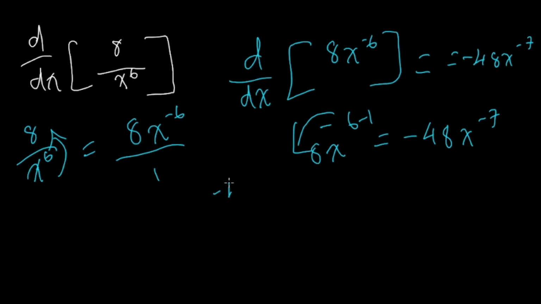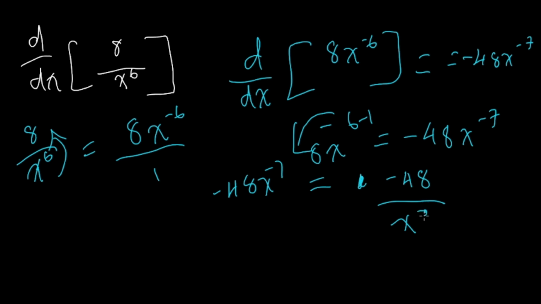Alright, so we got this. Now we rewrite it because we do not want this negative exponent. We want to simplify it. So we rewrite it and get negative 48 over x to the power of positive 7. And so your answer, okay wait, when I underline the positive, it seems as though I'm saying plus or minus, so I'll remove that.